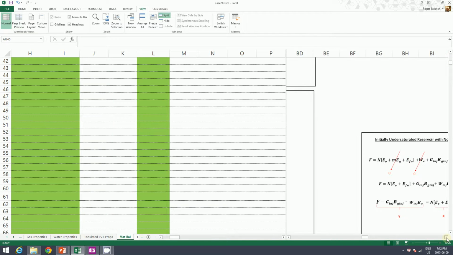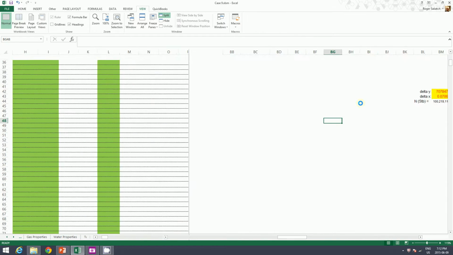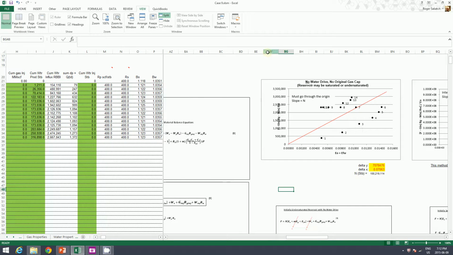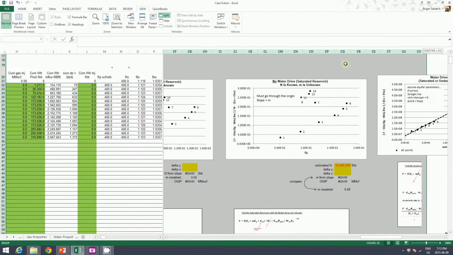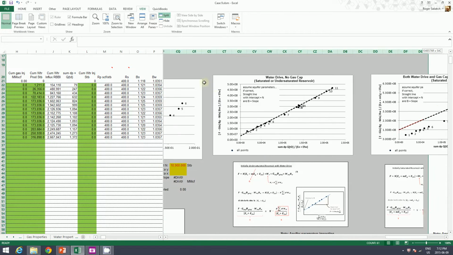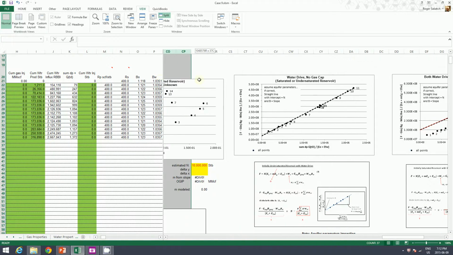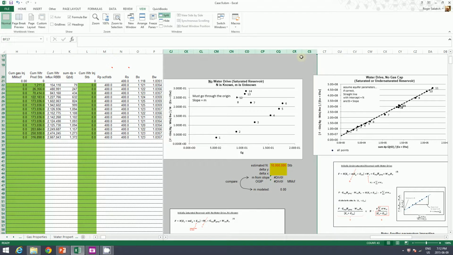So in this case, let me just step out a little bit here. We're dealing with a reservoir that's undersaturated, but with an aquifer.